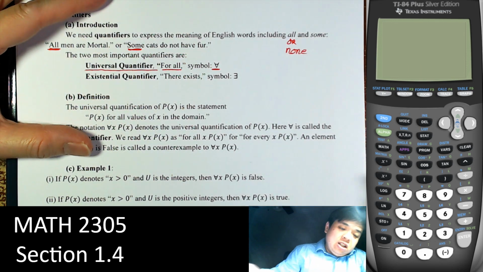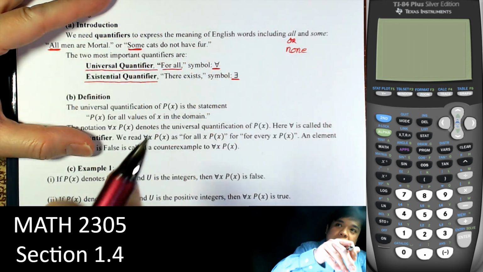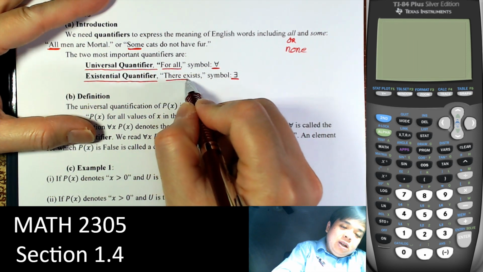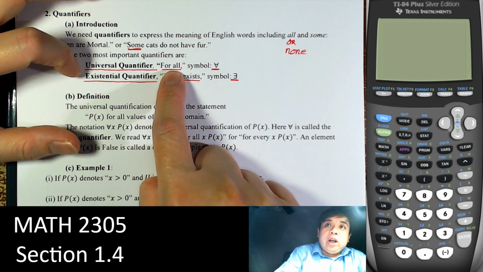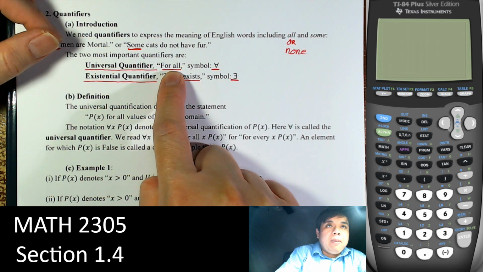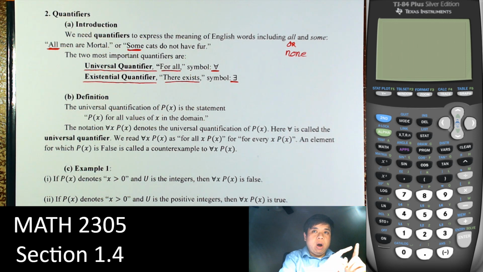Then the existential quantifier is the kind of backward E, meaning there exists. So the universal includes all or none, and existential is anything in between: at least one, many, some, that is neither all nor nothing. On the extreme, all or nothing, that is universal.